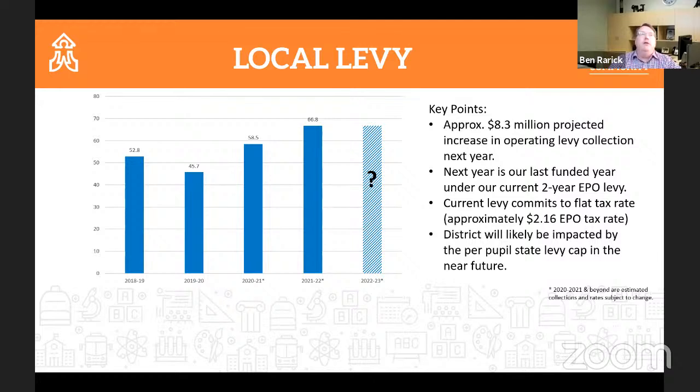Okay, so a couple things that I want you to pick out of this. First is the difference between what you see for the 2021 school year, which is the year we're in, and the 21-22 school year is about 8.3 million. So we are going to have, in theory, assuming that tax rate collections remain constant, an increase in our funding source for levy. Okay, but then that's it for the EP&O levy that we approved.